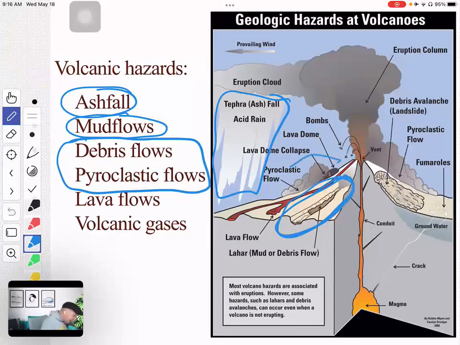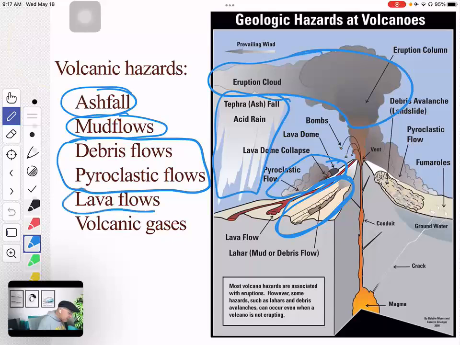Then we have the pyroclastic flows, which include smaller material like ash as well, but heavier than the ash in the ash cloud. So the ash in the ash cloud is lighter, it's smaller, like dust debris. So it stays up high, but the pyroclastic material is larger in size, so it moves along the flank of the volcano.